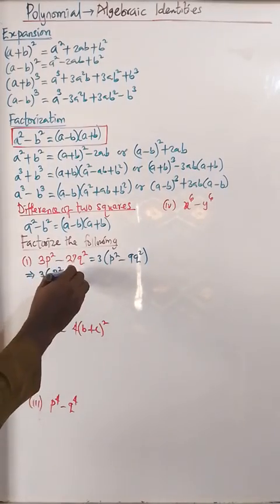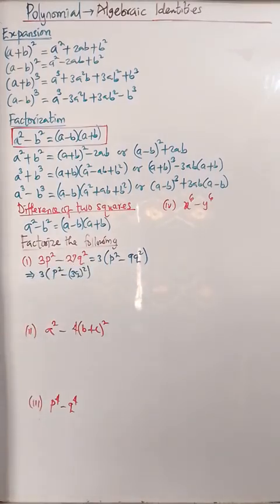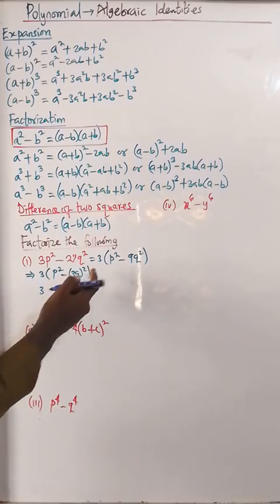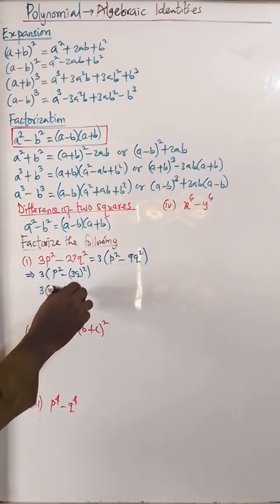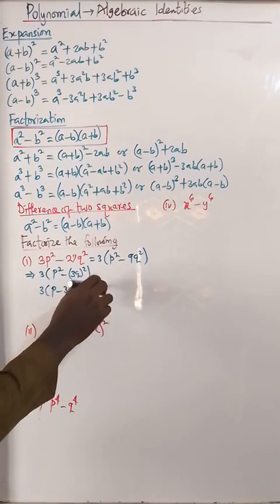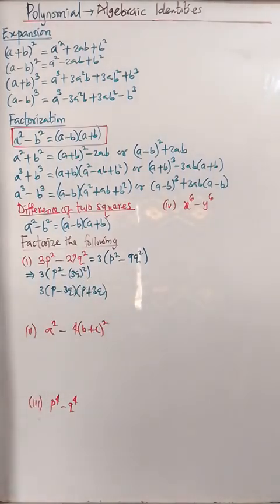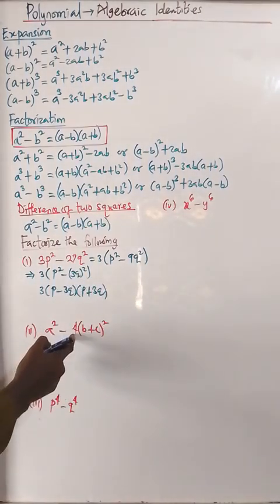So this is minus 3q all squared. So what next? The 3 remains outside. Now they are both perfect squares, p squared and 3q squared. So we subtract, p minus 3q, then p plus 3q. Done.